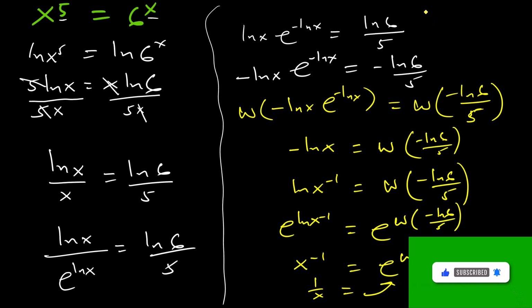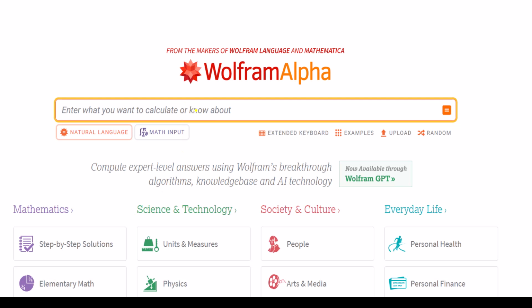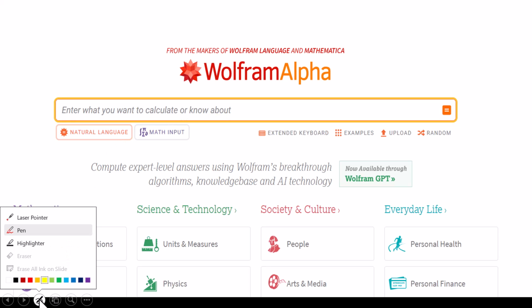So when you write the final answer, my x here will be 1 over e exponent the Lambert W function of minus ln 6 over 5. So when you plug this in, the solution, or the exact value of this, will come.